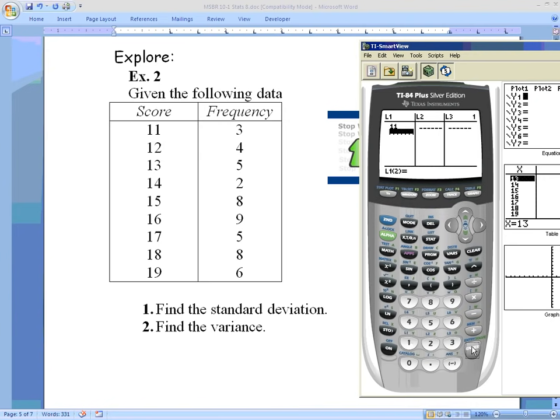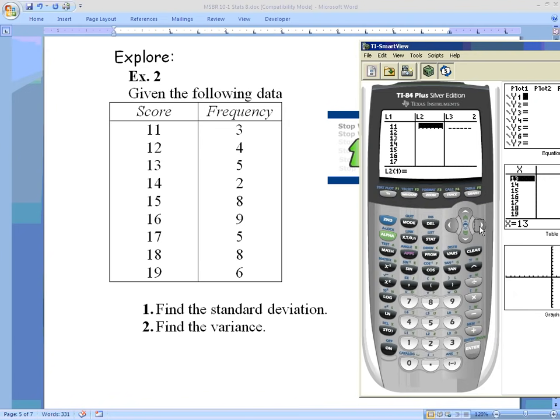And we're just entering in the numbers one at a time, 12. And again, they're sequential this time, which is nice. 13, 14, 15, 16, 17, 18, and 19 is my last value for my data.